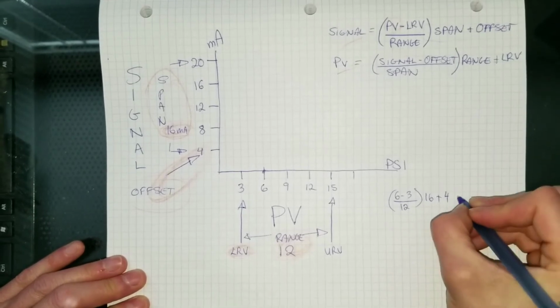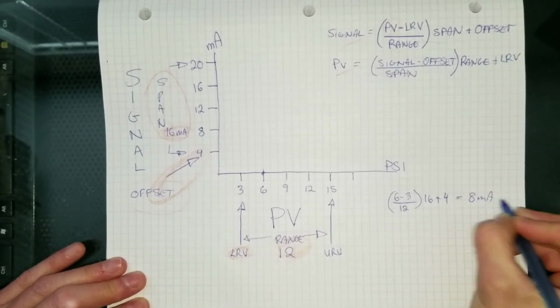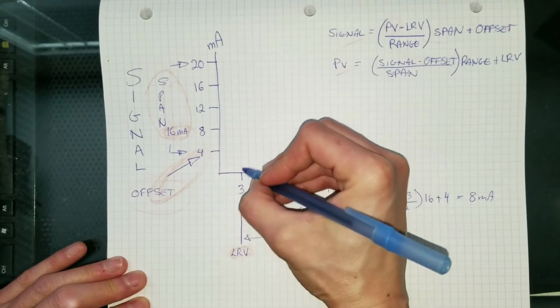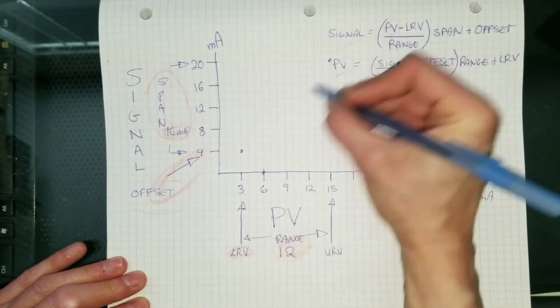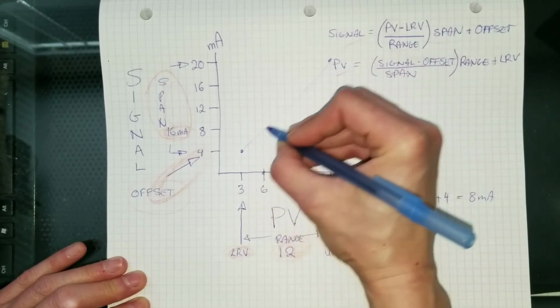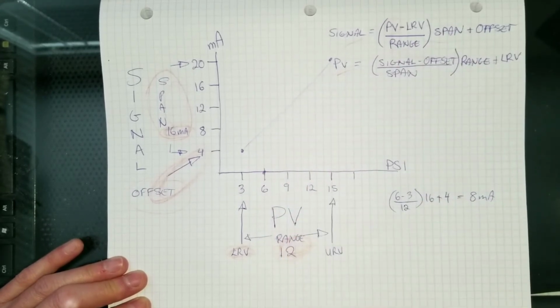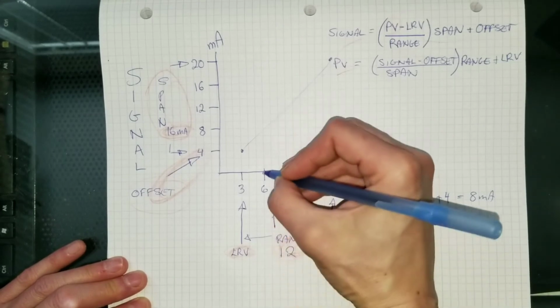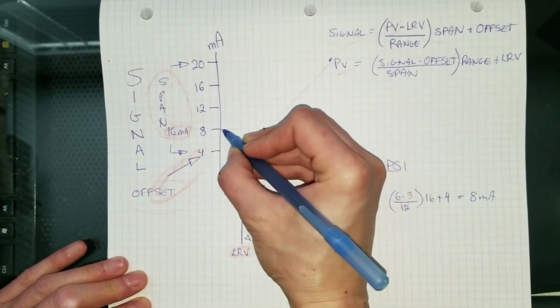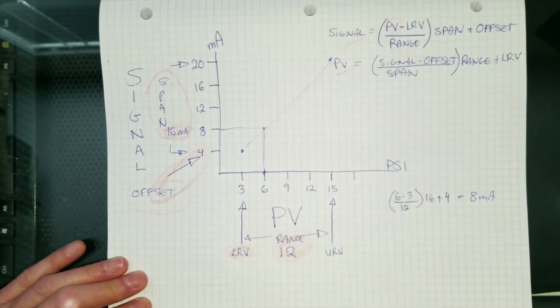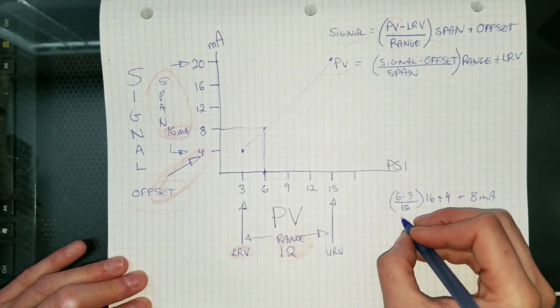Well, what's our answer here? We'll have 8 milliamps. Remember, what we're doing is we're adjusting this here. We're going to have that there, and then we're going to come up to here. So we should be on a straight line between these two. That's a lovely straight line I just drew. So we're saying that at 6, I should be at about 8 milliamps. Well, look at that. 8 milliamps should give us 6 psi. That makes sense.